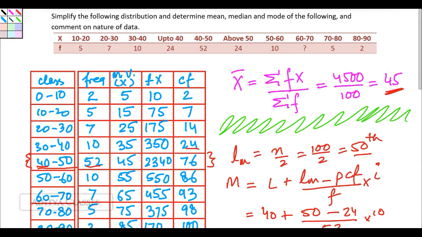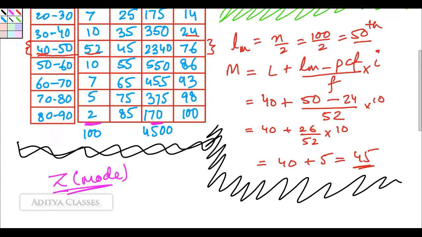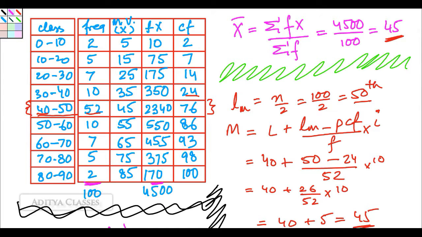And next we need to find out the value of mode. Now we'll jump into mode. Now mode is the highest frequency element. Where do we see the highest frequency? Incidentally, the highest frequency is also here only, 52. Everything else is smaller than 52. So 52 is the highest frequency element.